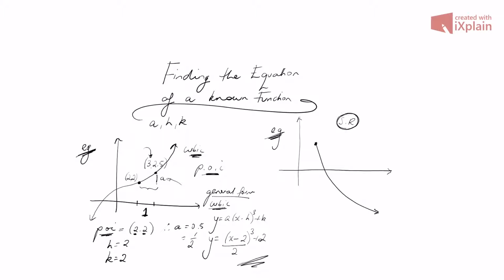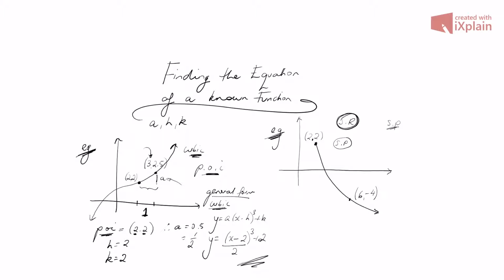Its special point isn't called a point of inflection; I've just been calling it the starting point. Our starting point for this square root function is (2, 2), and I've given us a point down here which is at (6, -4).